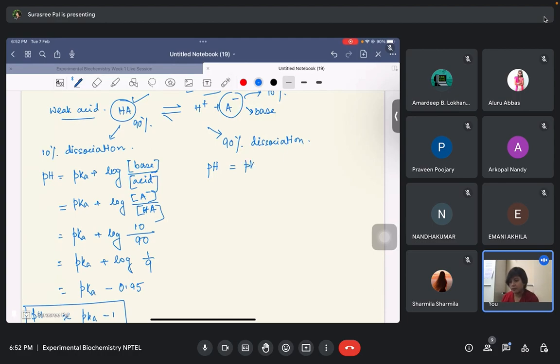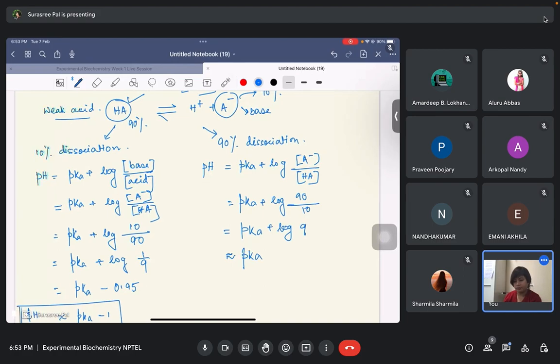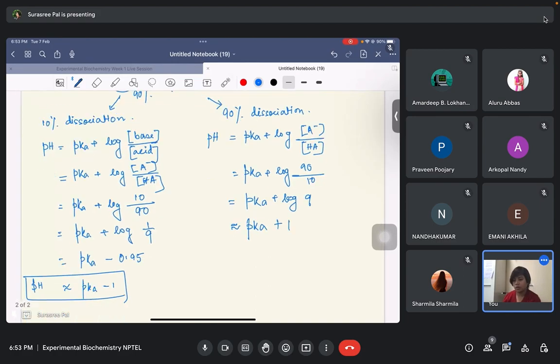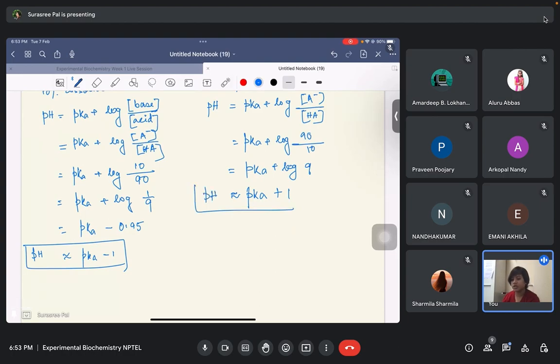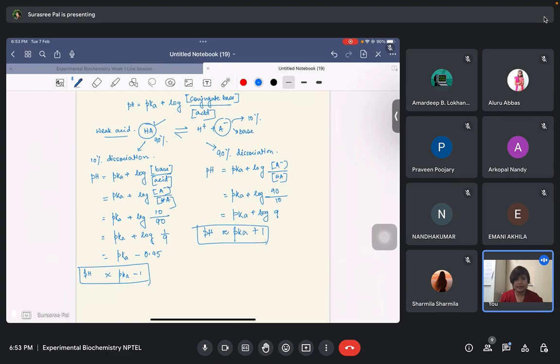So pH will be equal to pKa plus log of A minus by HA concentration, which will be pKa plus log of 90 by 10, which is pKa plus log of 9, which is approximately pKa plus 1. Okay, so this is the pH you will get when there is almost 90% dissociation of the weak acid, right?